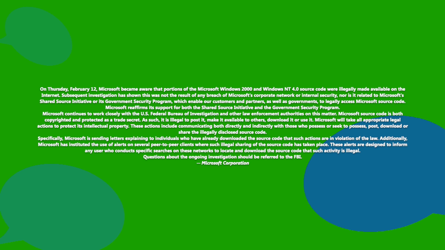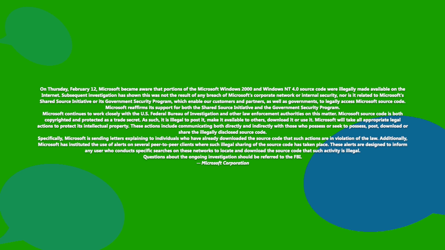Microsoft's source code is both copyrighted and protected as a trade secret. As such, it's illegal to post it, make it available to others, download it, or use it. Microsoft will take all appropriate legal actions to protect its intellectual property. These actions include communicating both directly and indirectly with those who possess or seek to possess, post, download, or share the illegally disclosed source code.